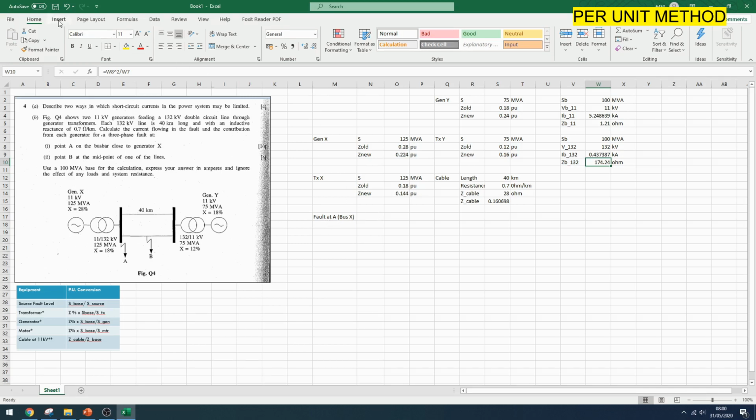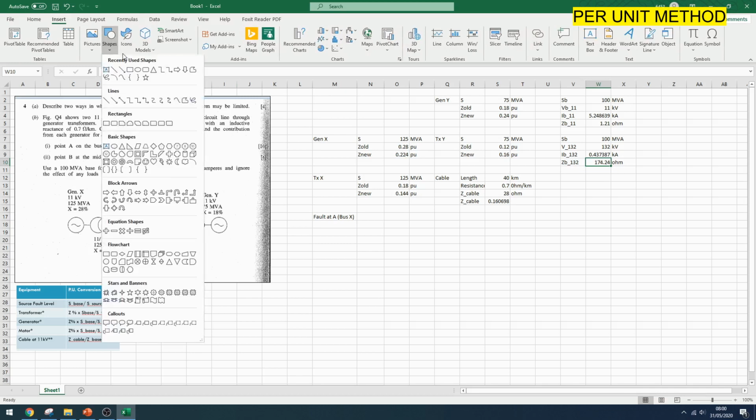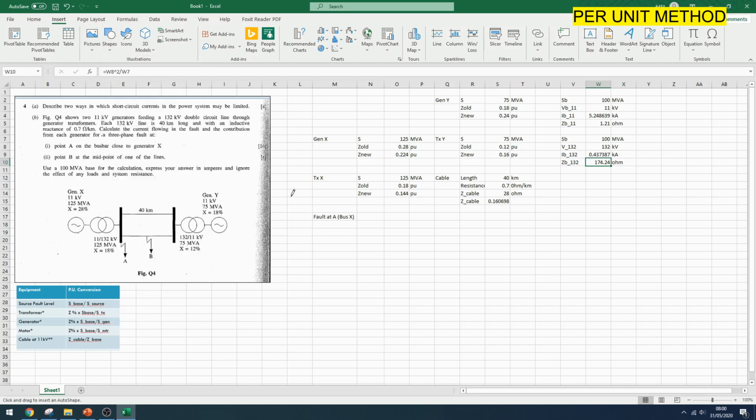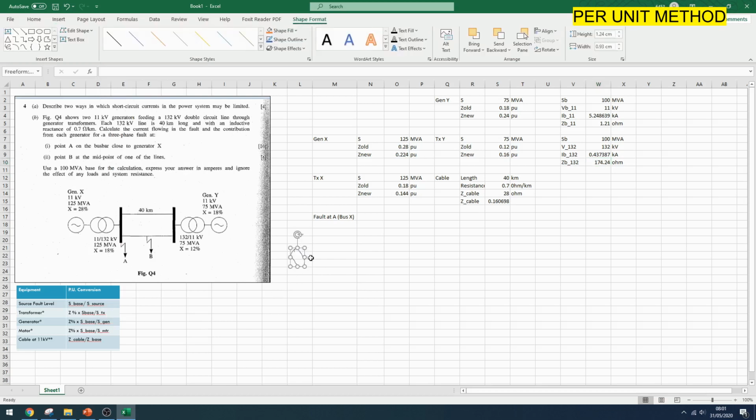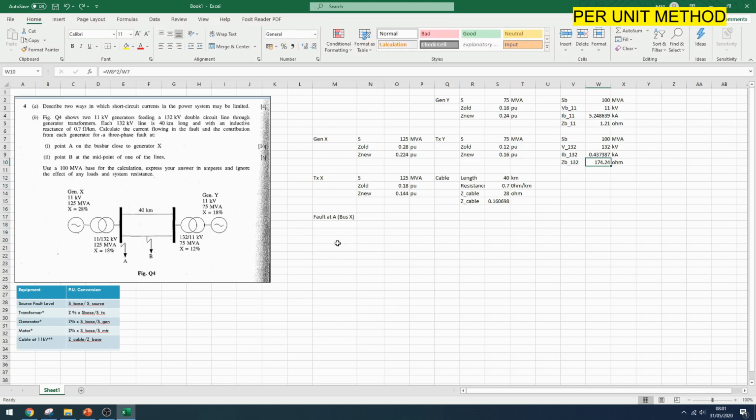Is there something that I can use to draw? So we have here your generator. Let's do it in this manner.